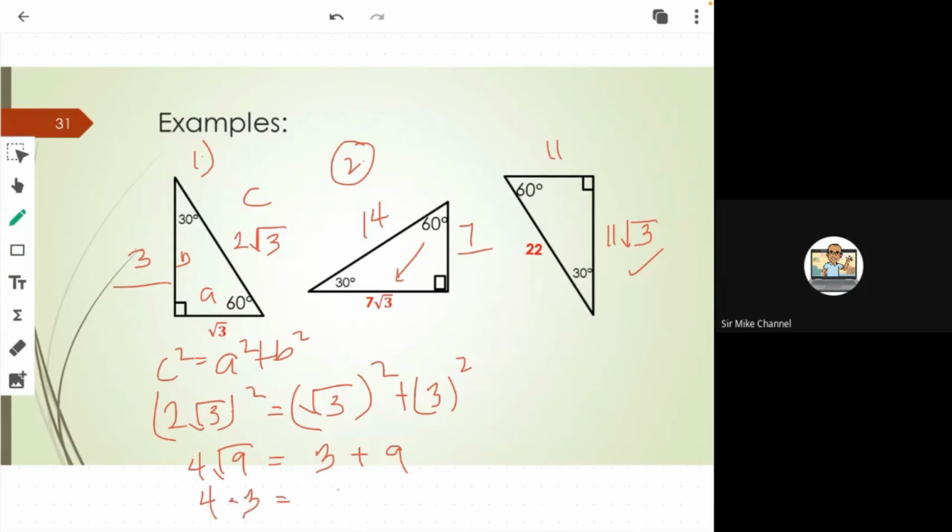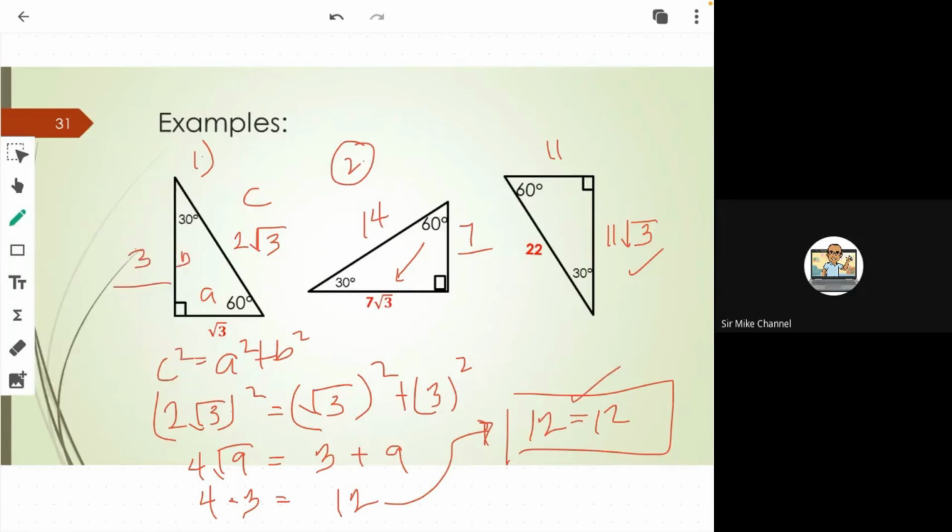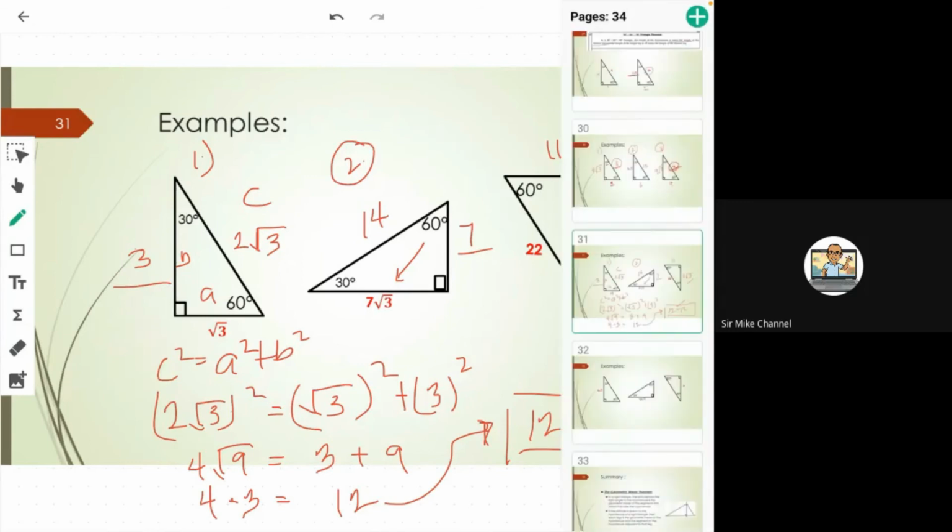So 3 squared ay 9. Ito na magiging 9 plus 3 is 12. Tapos 4 times 3 is 12, is equal to 12. So it means the answer is correct. So they are congruent. Ito yung longer leg natin, 3. The shorter leg is square root of 3 and the hypotenuse is 2 square root of 3. Okay, another example.